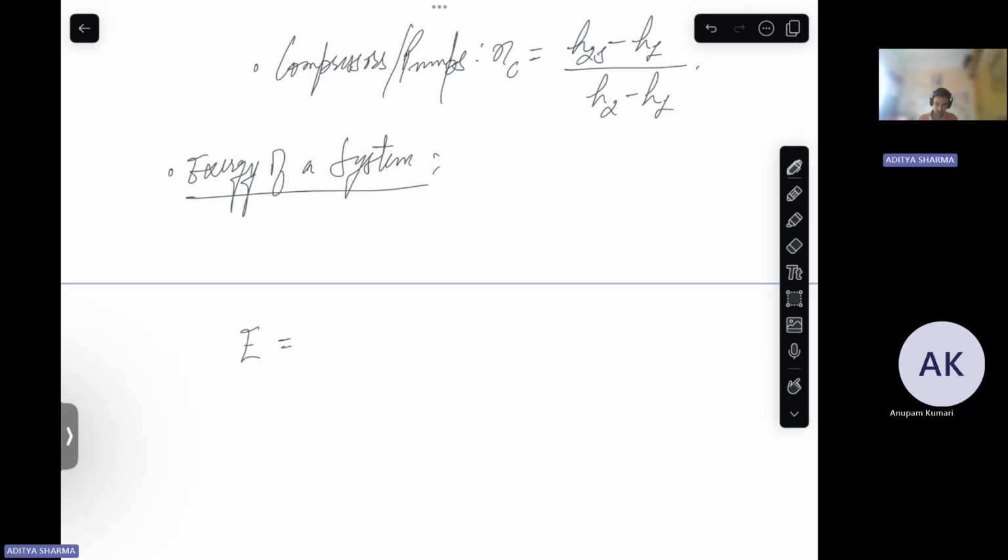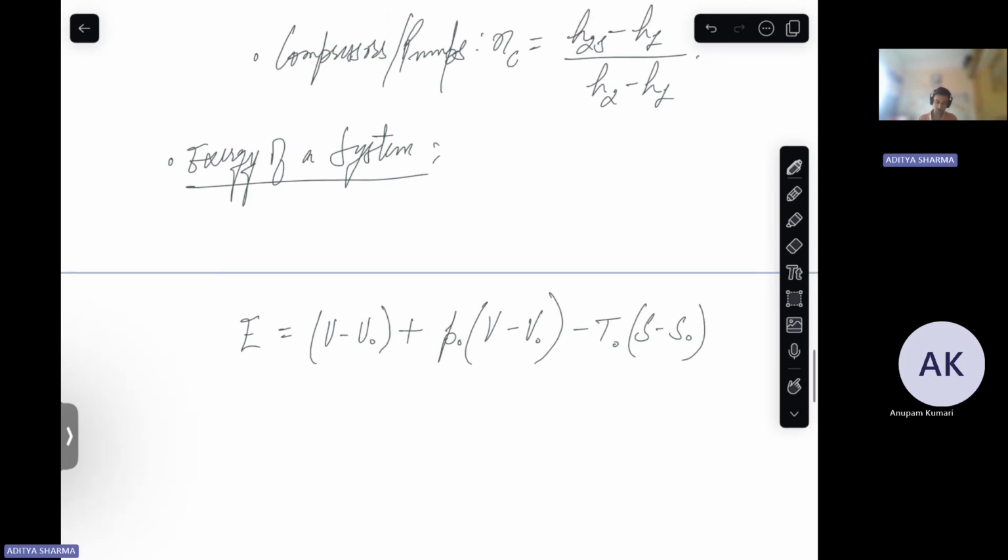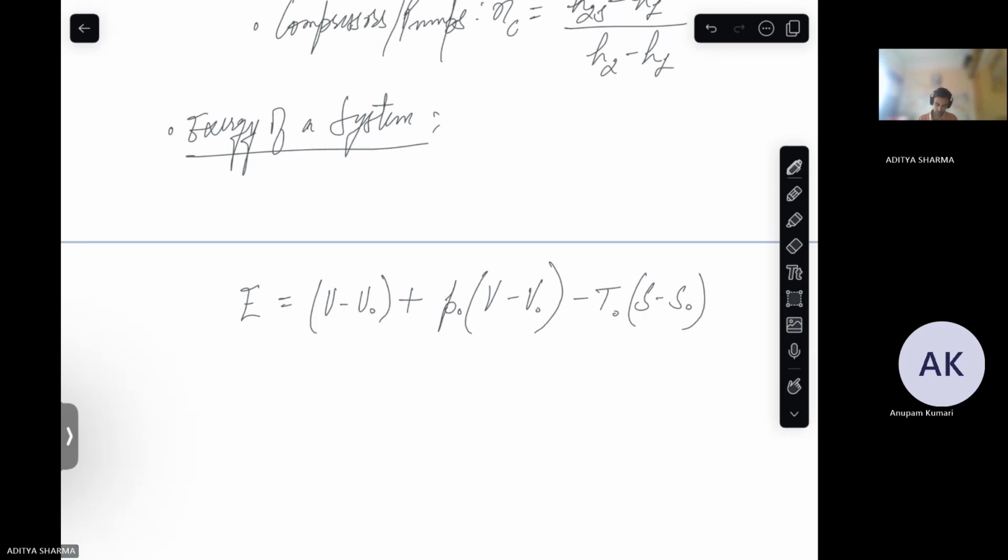Exergy is written as E, and this is the difference in your internal energy, then T naught times (V minus V naught), then T naught times (S minus S naught), where S is your entropy. Then there are your kinetic energy terms and your potential energy terms. These are also the changes with respect to your dead state, so the subscript zero here all corresponds to your dead state. This is your expression for exergy.